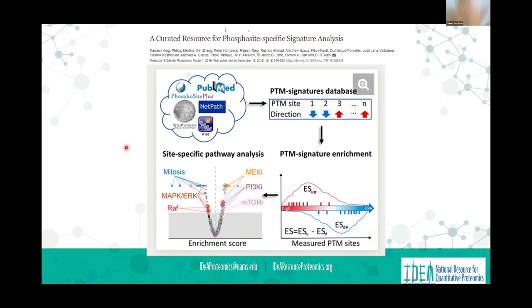This is a paper from the Broad Institute that is the best example of phospho-specific signatures, and they went through the literature and found specific sites of phosphorylation and correlated them.